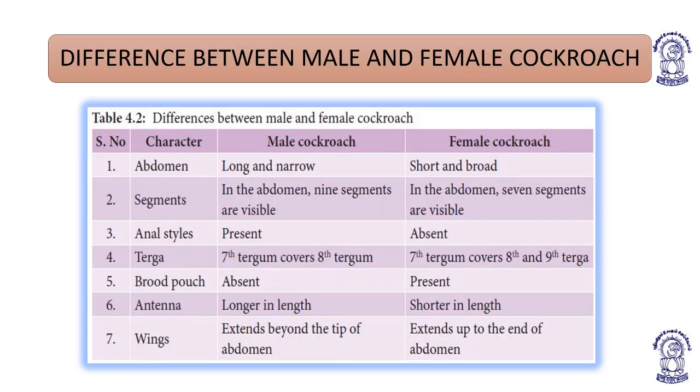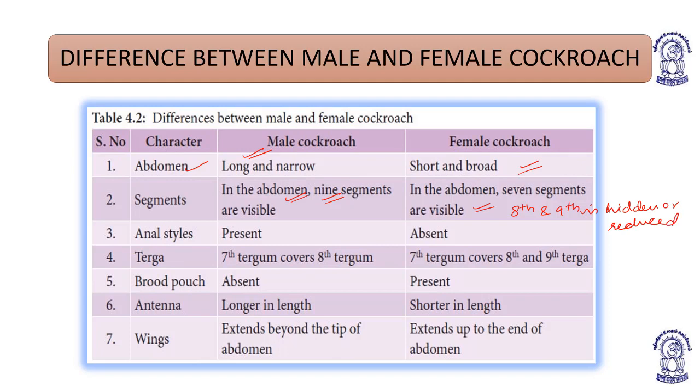Male cockroach, the abdomen is long and narrow. Female, it is broad and short. Segments in male cockroach abdomen, 9 segments are visible; in female, 7 segments are visible because 8th and 9th are either hidden or reduced.